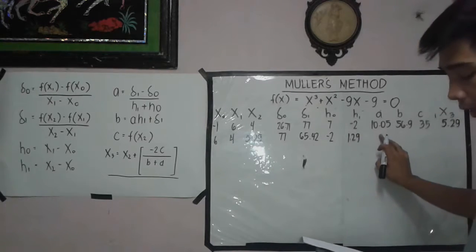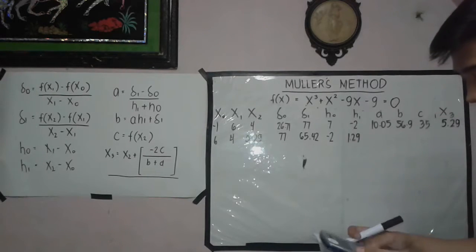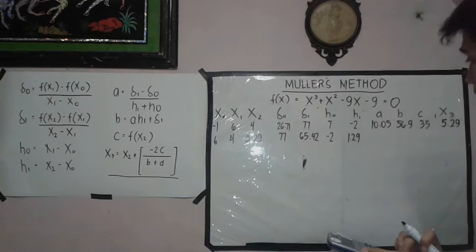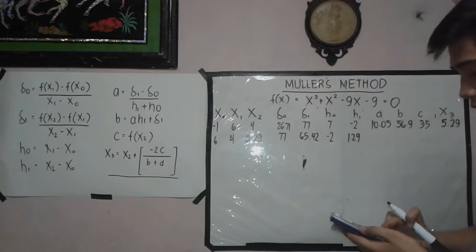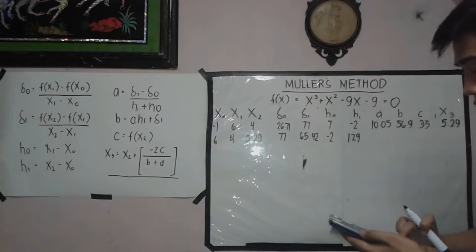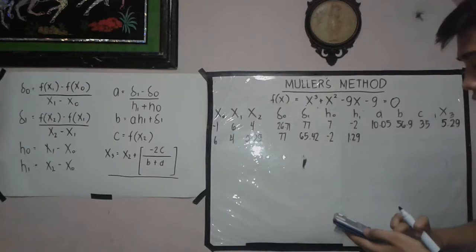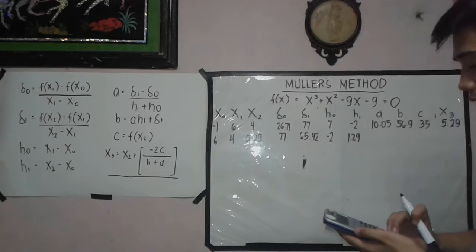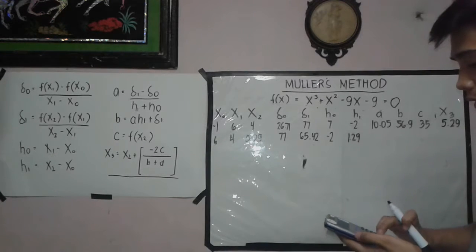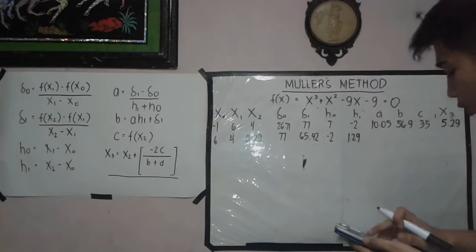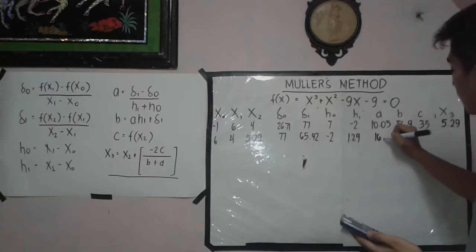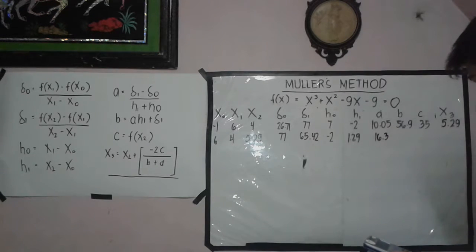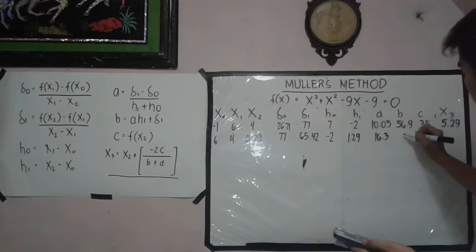So for a, solving the value of a, we have 65.42 minus 77 over 1.29 plus 2 equals 16.3. Then we have the value of b as 86.44.